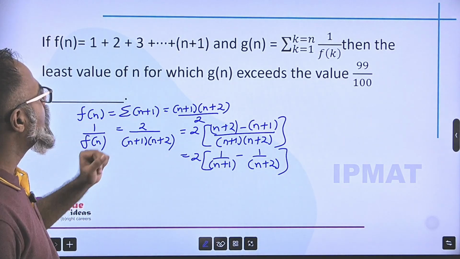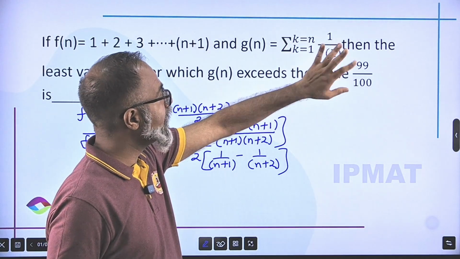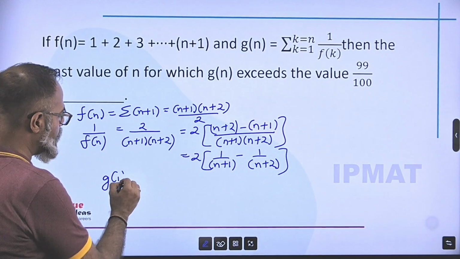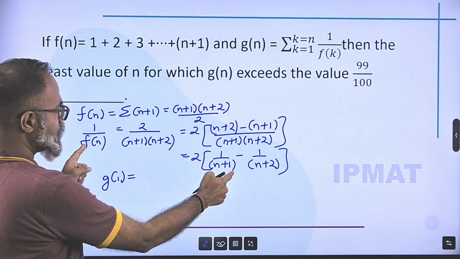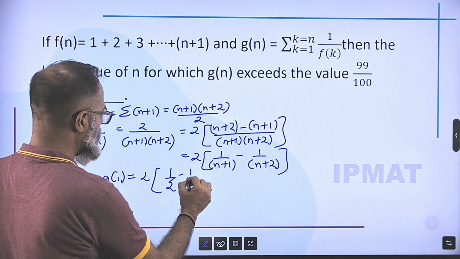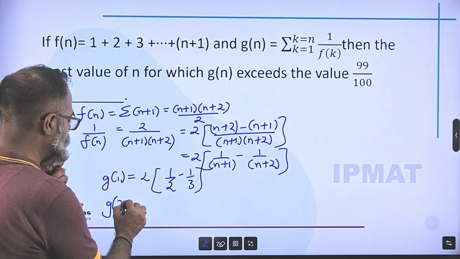Great. Now g of n is defined as the summation of k is 1 to n, 1 upon f of k. So by that definition, g of 1, substituting n is equal to 1, will be 2 times 1 upon 2 minus 1 upon 3. Let's see what g of 2 becomes.